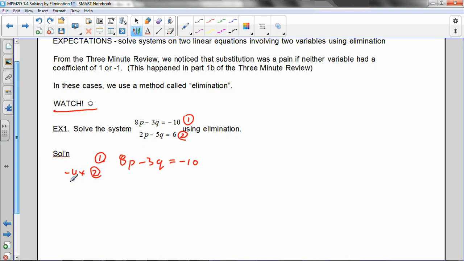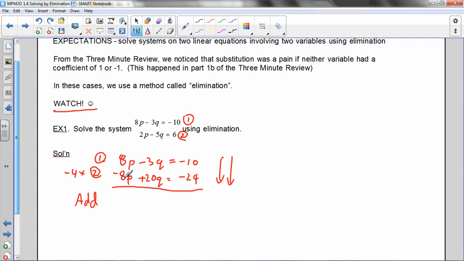Now, where the heck did I get -4? Well, just be patient with me for a second. I'll show you. -4 times 2p is -8p. -4 times -5q is +20q. And -4 times 6 is -24. And then I'm going to add down this way. Watch.